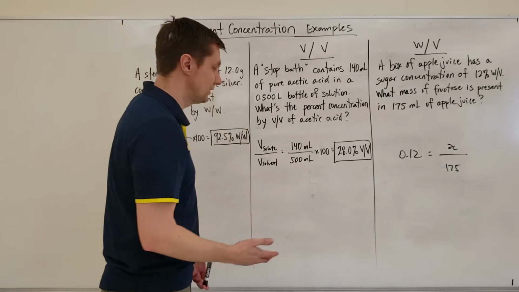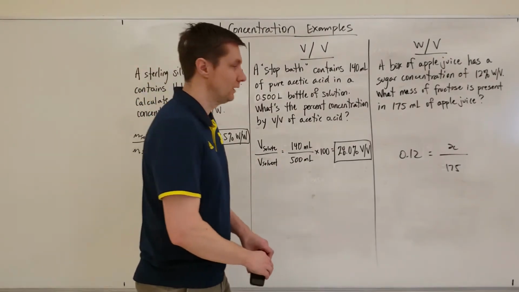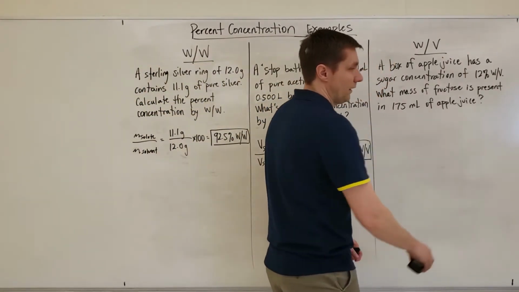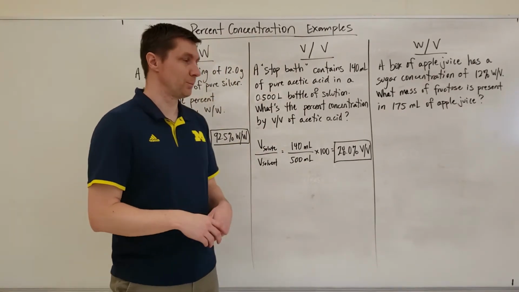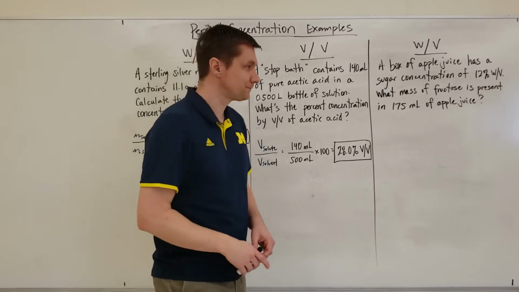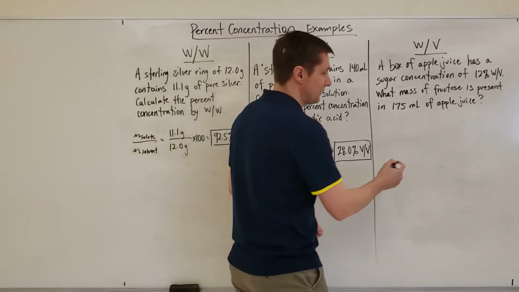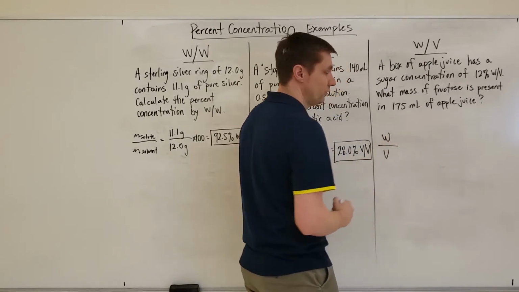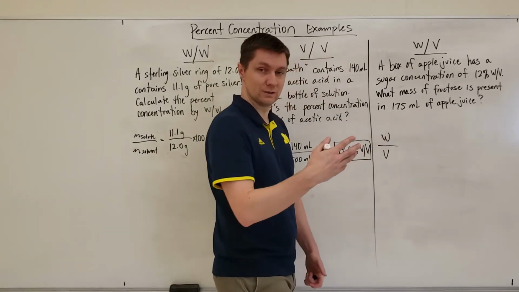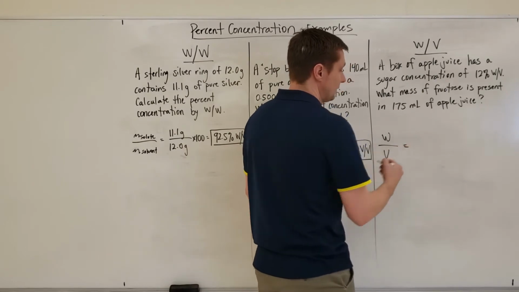So for this question, it really is no different. Instead of talking about a percentage on a test, we're talking about the percentage in apple juice. I know that this is a weight to volume expression. The weight is the solute.